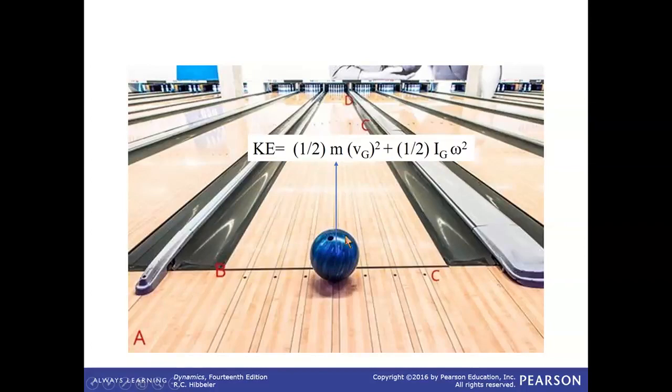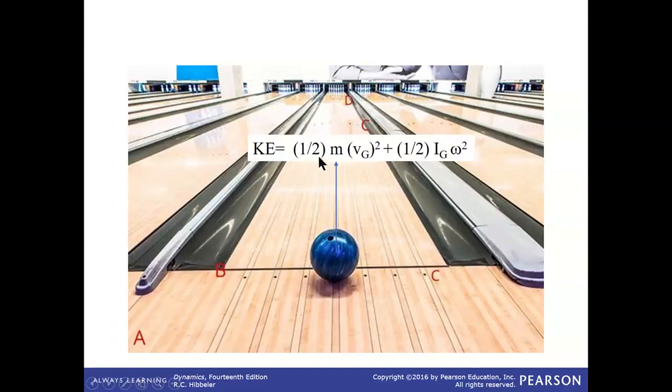So the ball rotates on its own axis, or about its own mass center, when it travels from one end of the track to the other end. When we say the ball has certain kinetic energy, which point is our reference point on the ball? We attach this velocity to the mass center of the ball. That's why in our equation we have Vg, where V is the velocity and G is the mass center of the ball.